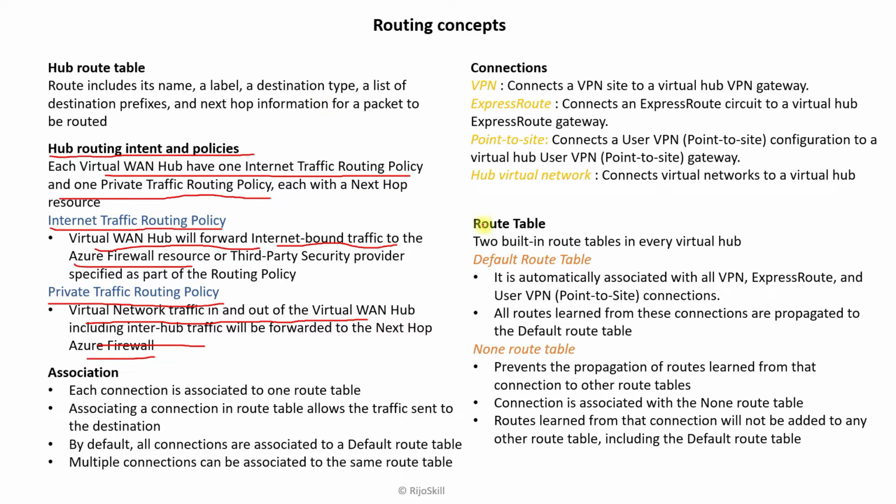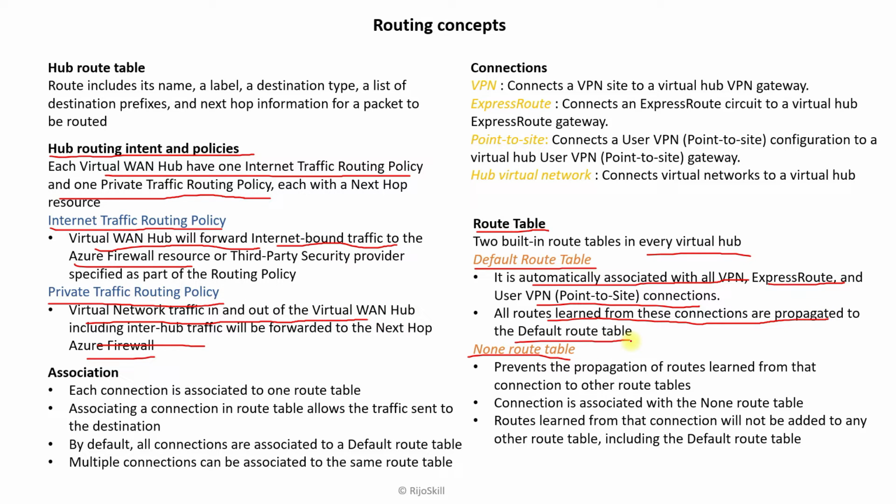There are two built-in route tables available for each virtual hub: one is the default route table, and another is the none route table. What is the default route table? It automatically associates with the VPN, ExpressRoute and user VPN connections, and all routes learned from these connections are propagated to the default route table.